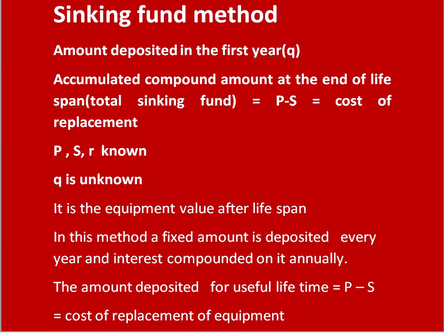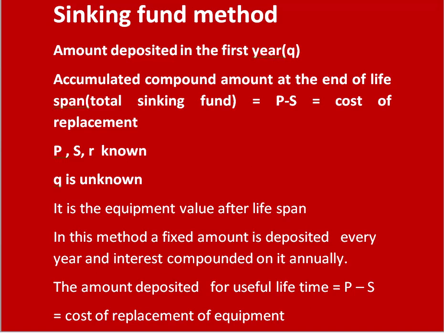Similarly, in the next year, this Q and interest will also get another interest, that is called compound interest. So by the time the lifespan of the equipment is reached, the accumulated amount in the bank is utilized to purchase the new equipment.